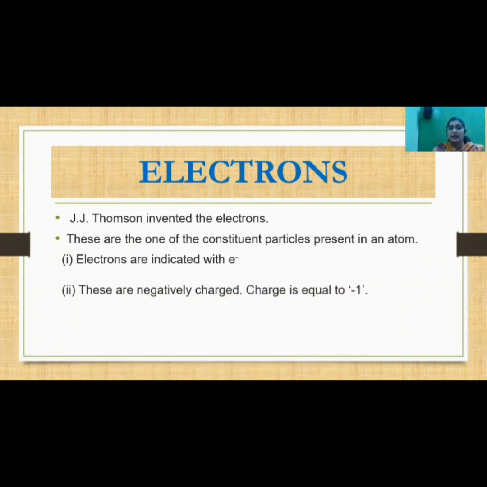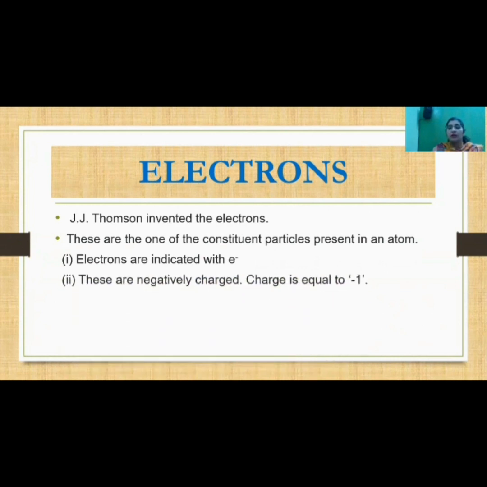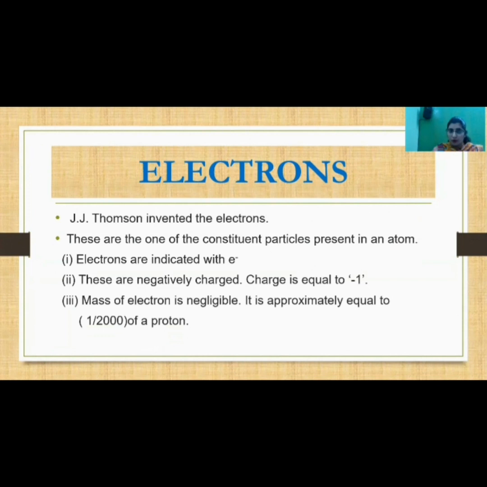This negative sign indicates that the electron carries a negative charge, and the charge of an electron is -1. The mass of an electron is negligible. It is approximately equal to 1/2000 of the mass of a proton.